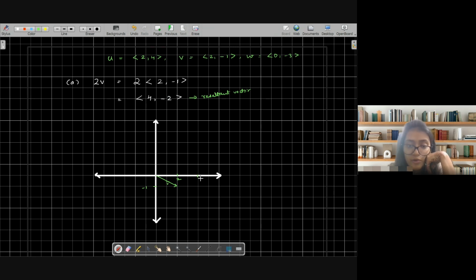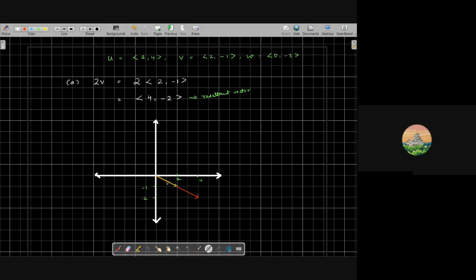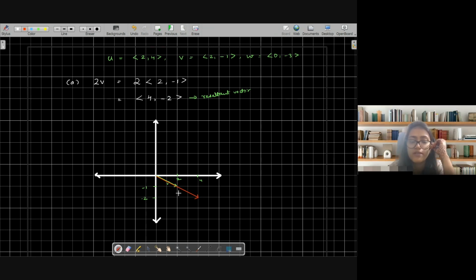So this is 4 and this is negative 2. Try to use another color if you can. Whenever you have to show two different vectors, it's better to use different colors. Now it will have the same angle, it's just that its magnitude will be different. So this one is 2v.